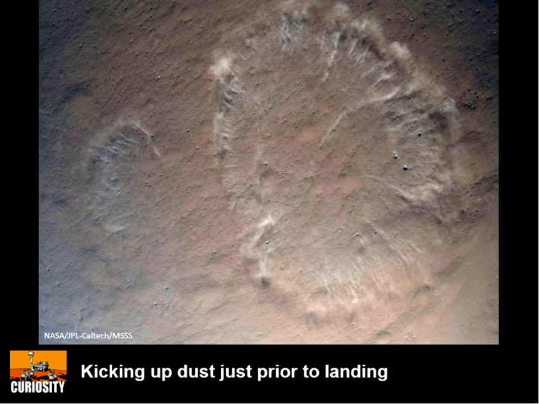And then just before landing, we had some descent rockets that slowed the spacecraft down, and then a cable lowered the rover down to the surface. And I love this picture because it reminds me of the lunar landings a few decades ago, where, oops, that's my phone, where the dust is kicking up just as Curiosity is setting down on the surface.